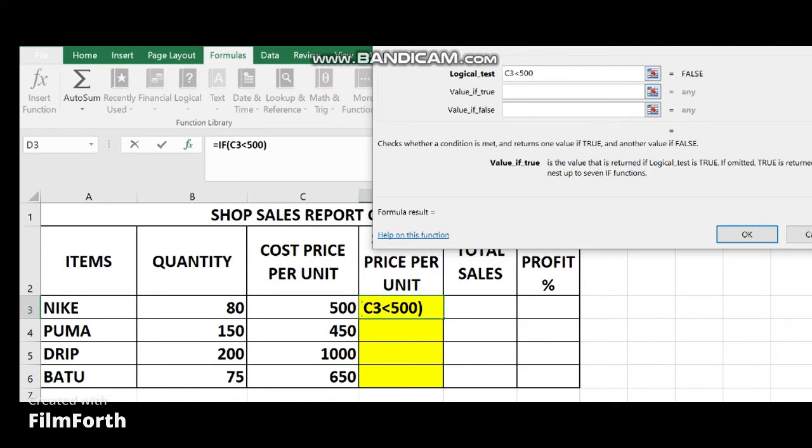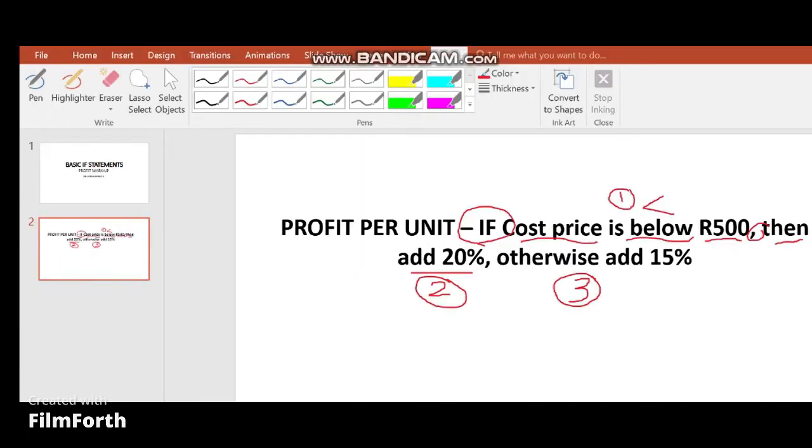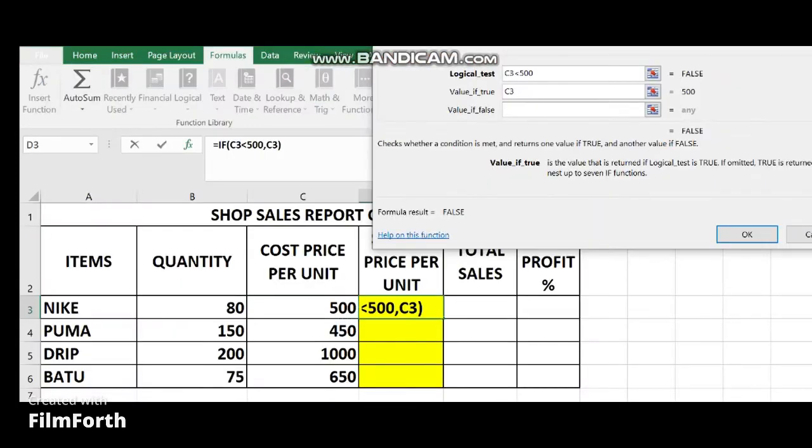Then what must happen? Then the same cost price C3 must be increased by 20%. I'll go back there so you see. If it's below, then add 20%. We must add 20% to this. How do you add 20% to 500?